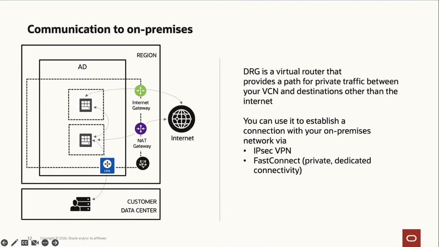In addition to on-premises network connections, DRGs can also be used to route traffic between VCNs, which we will cover in a future slide. You can use different attachments and custom network topologies to set that up. For this specific on-premises use case, you'll need to use either an IPsec VPN or FastConnect to set that connection up. And VCNs and DRGs do have a one-to-one relationship.